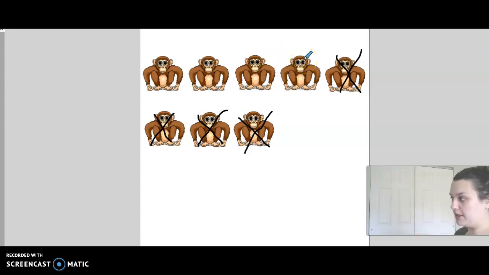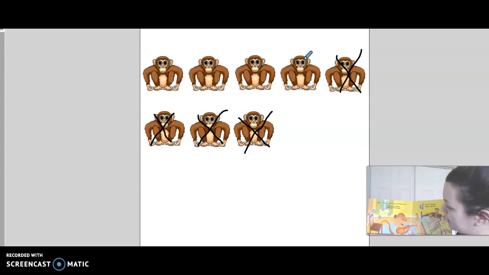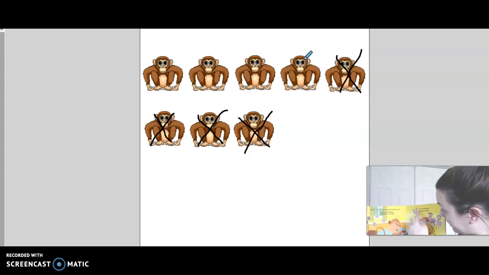So I did it on my fingers and I looked at the picture and it all says 4. Let's see if our book says the same thing. Mama called the doctor, and the doctor said, "No more monkeys jumping on the bed." 4, right there, 4. 4 silly monkeys eating on the bed.